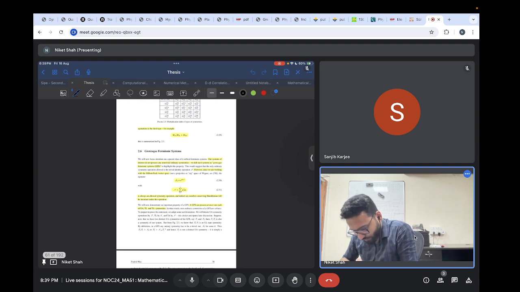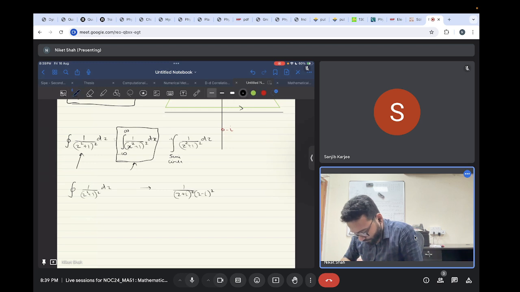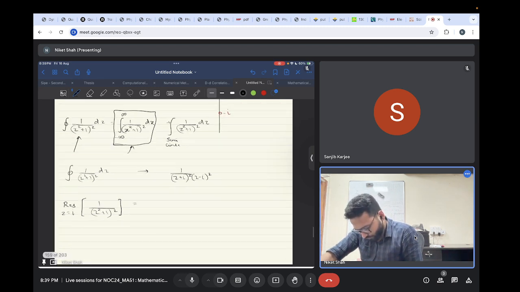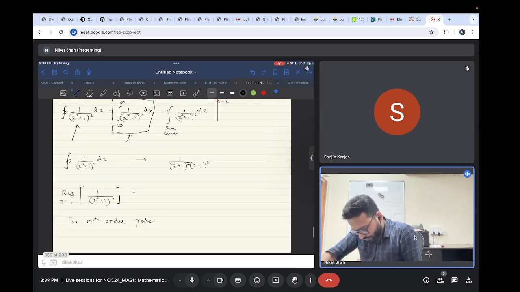Residue at z equal to I. The residue for a second order pole is basically, for nth order pole, what was the residue?